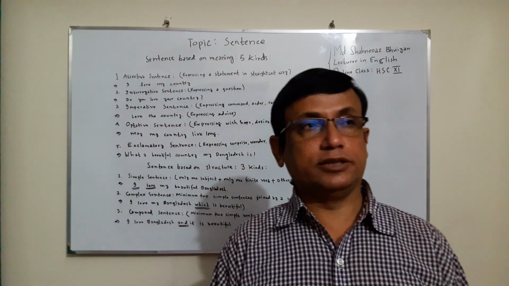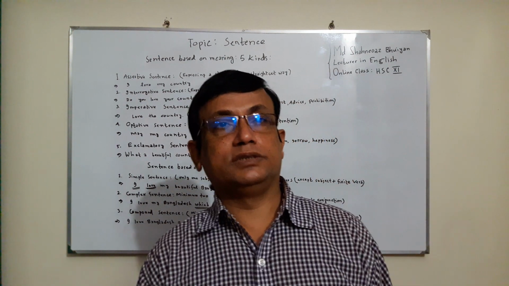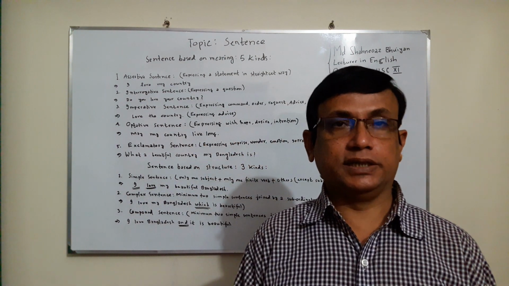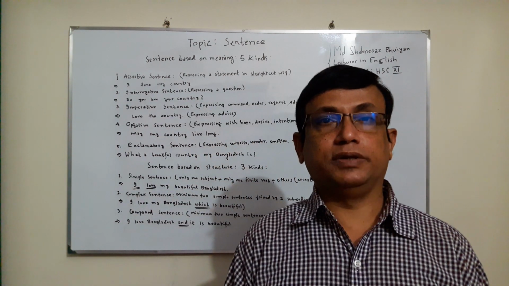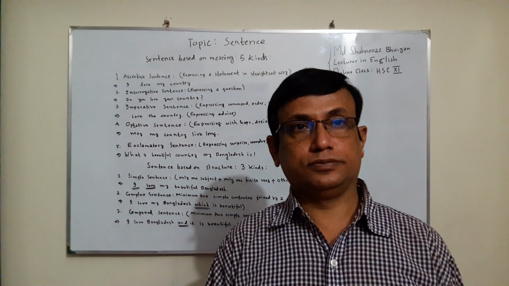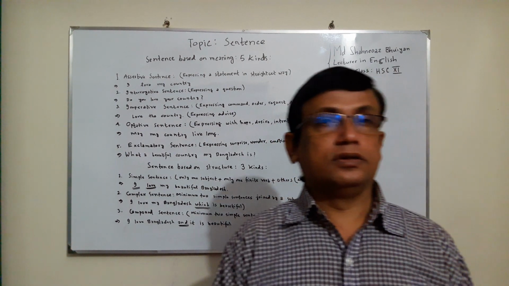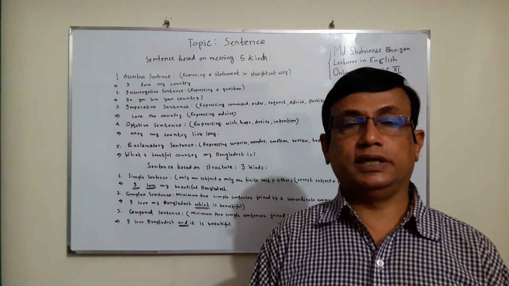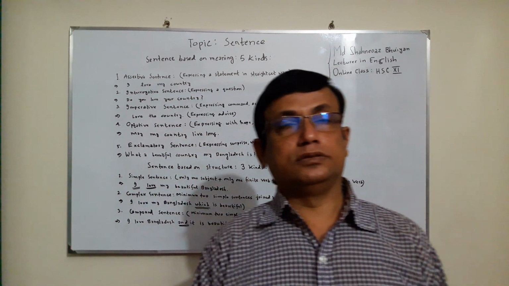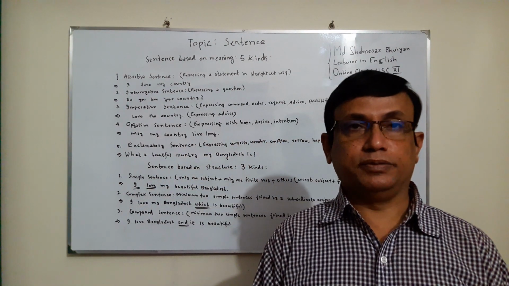To say that only assertive sentences can be affirmative or negative is not true. All sentences can be affirmative and negative. In our life, we express something affirmatively, we express something negatively. So, these 5 sentences can be affirmative, can be negative.